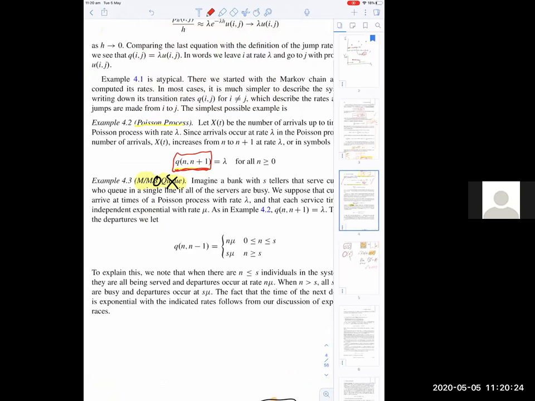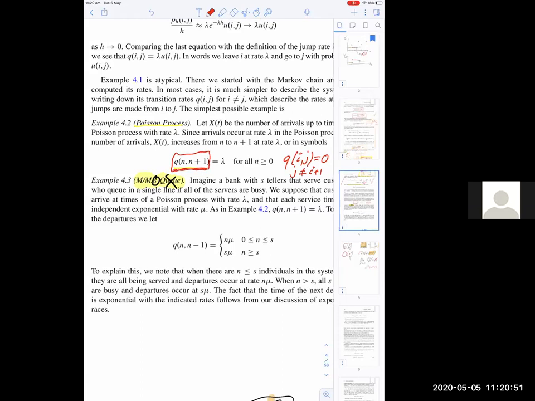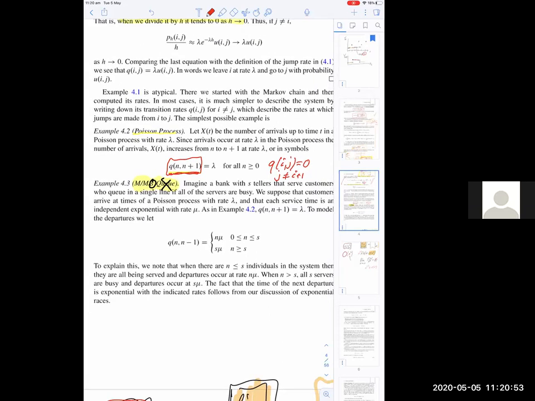We also know that the rate of going from i to j is 0 when j does not equal i plus 1. So basically, the only possible transitions in a Poisson process are going from state i to state i plus 1, or from state n to state n plus 1. That's an example of a continuous time Markov chain.